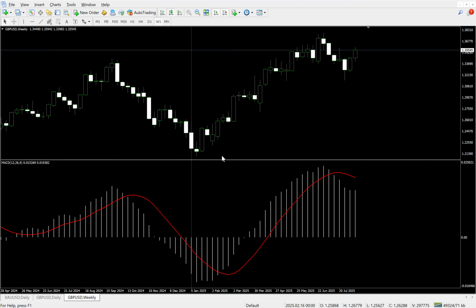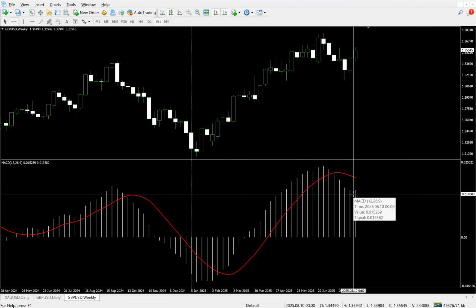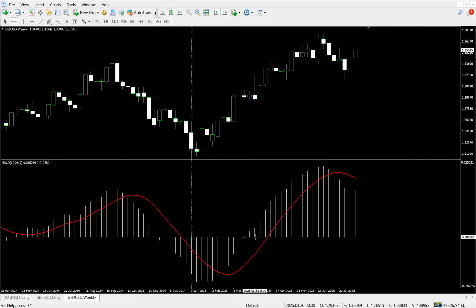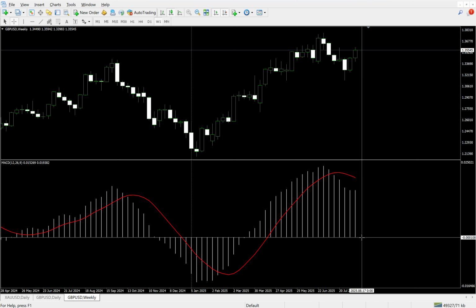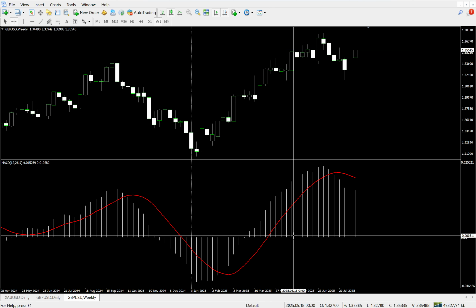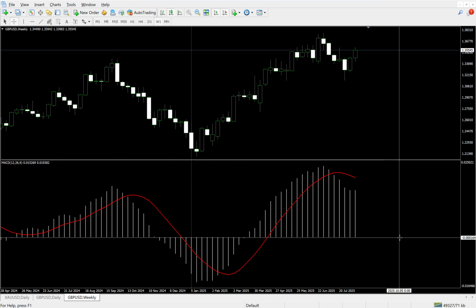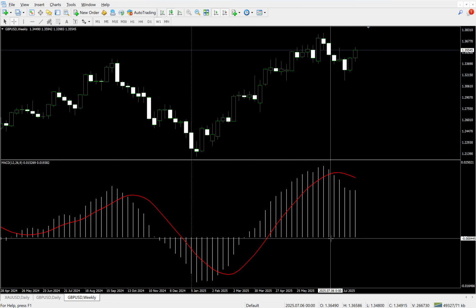However, from my personal experience of using this trading strategy, I would say this is not a very accurate way of looking at the trend, and I would look just at the position of the MACD bars relative to the zero line. As you can see here, there is a zero line.